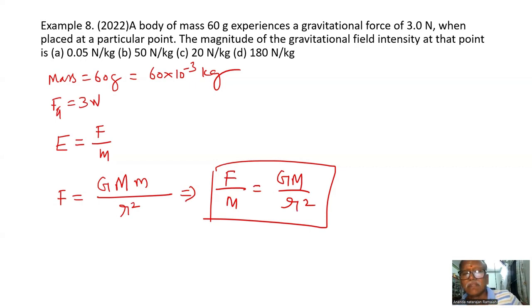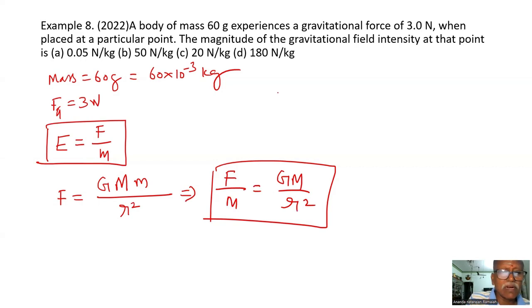What is asked? The magnitude of gravitational field intensity. Field intensity E equal to F by m, that is 3 divided by 60 into 10 power minus 3.